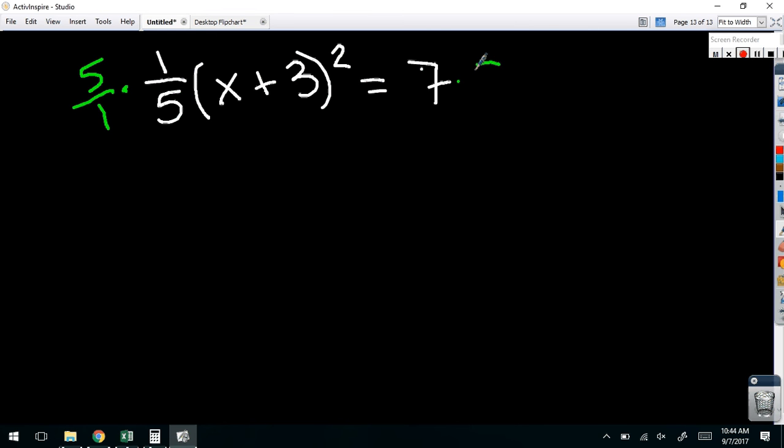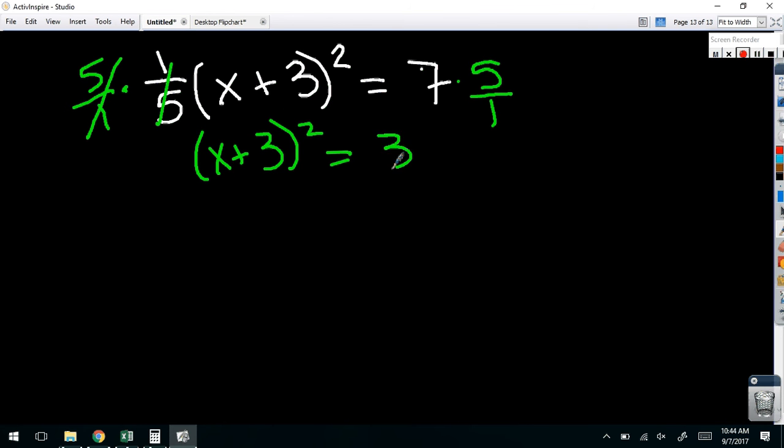If you multiply by the flip, I got x plus 3 squared equals 35. To get rid of a fraction, instead of dividing by the fraction, we multiply by the reciprocal. You get 5. 7 times 5. Top times top, bottom times bottom. They're both over 1.